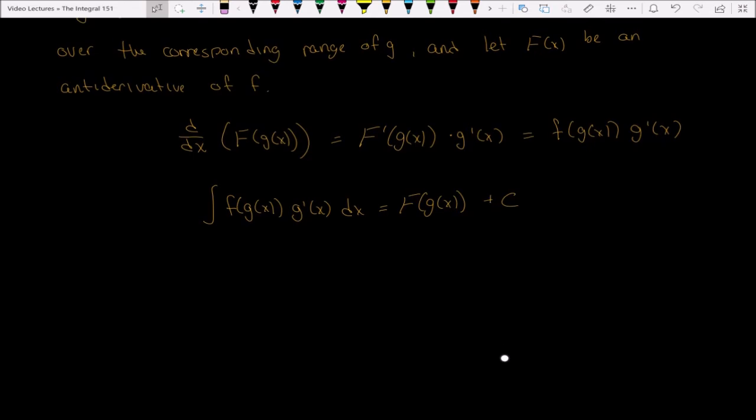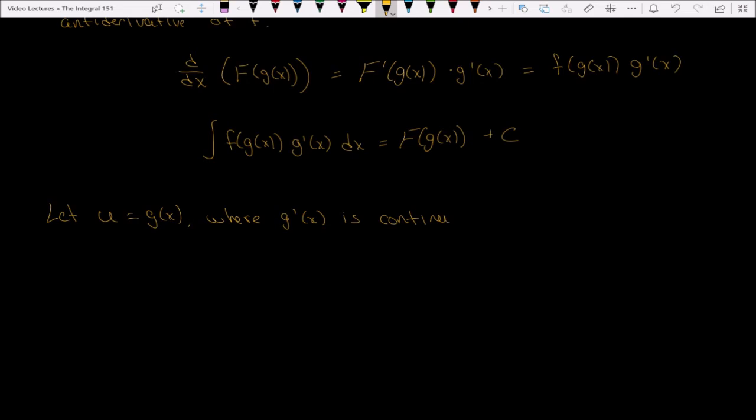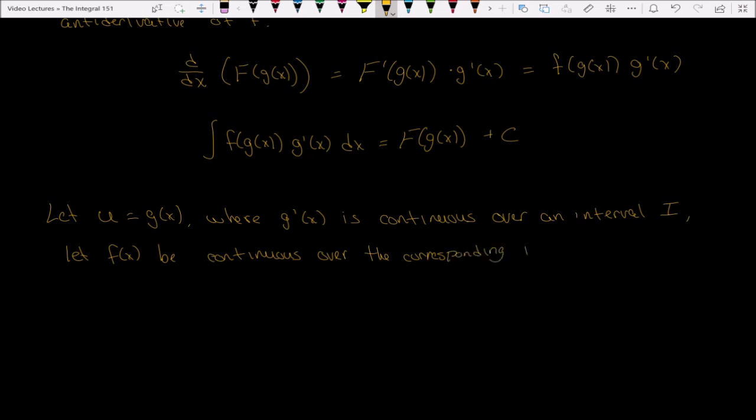So the technique of U sub is to let u equal g of x, where g prime of x is continuous over an interval I. Let little f of x be continuous over the corresponding range of g.